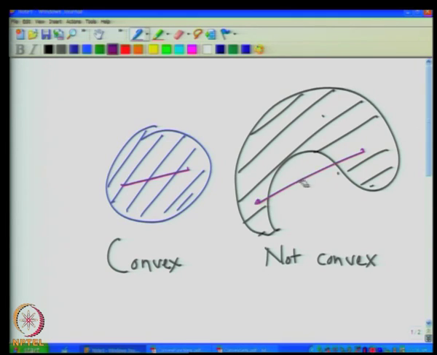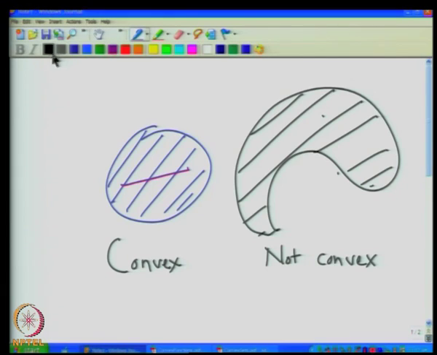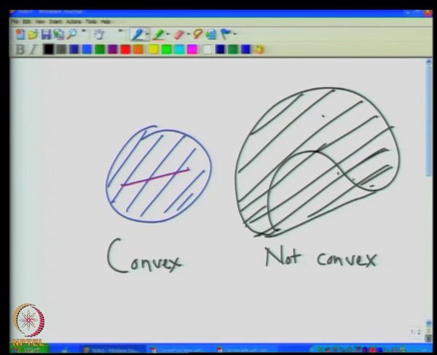But we also saw that there are some ways to convexify a set, what is called the convex hull of a set. For example, if we consider this set which is not convex, that set can be made convex by drawing a line like this and then including the entire portion.